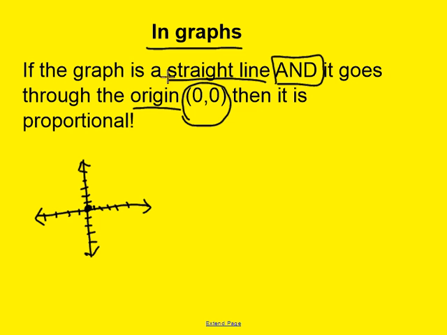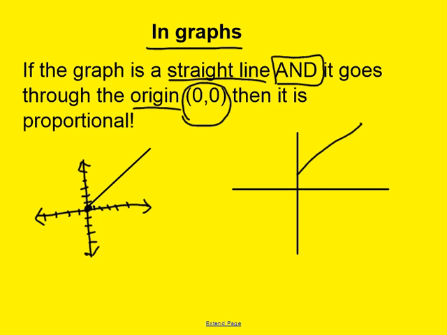So you have a graph and it's a straight line and it starts at the origin and then goes out, maybe up that way, maybe down that way, maybe right about in the middle. Then it shows a proportional relationship. So let's say on the other hand, we have something that looks like this.